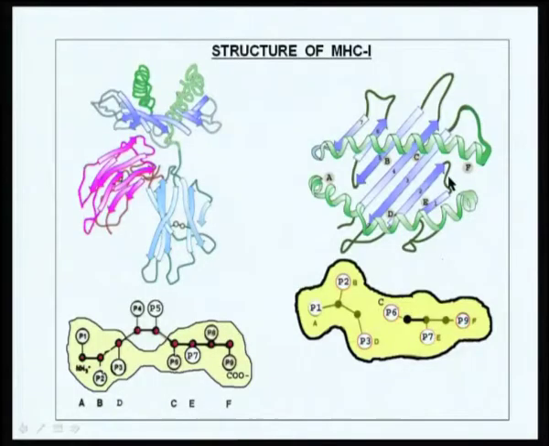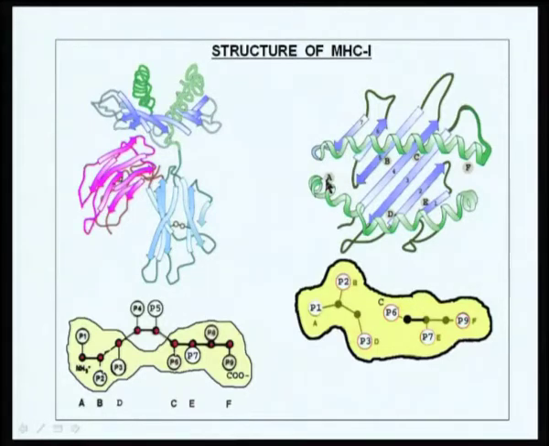Now, looking at the structure of MHC1, in contrast to the MHC2 molecule that was used in the equilibrium dialysis experiments, MHC1 could not be demonstrated as being successful in equilibrium dialysis experiments. This had to be arrived at by looking at the X-ray diffraction patterns of the crystallized MHC1 molecule, especially the HLA molecule, where they found certain patterns that were characteristic of a peptide sitting in that groove.